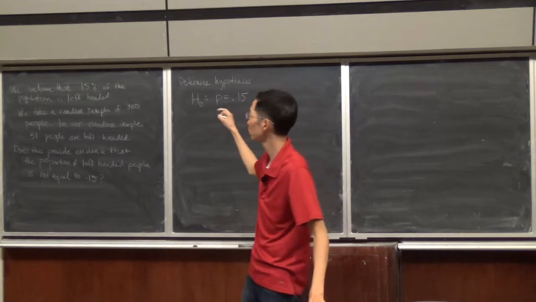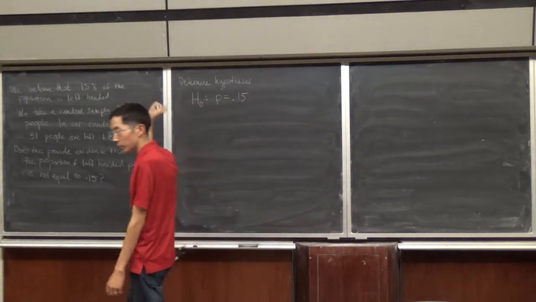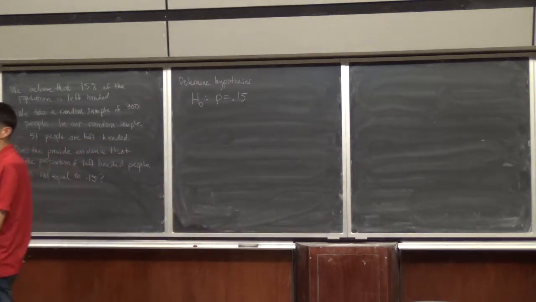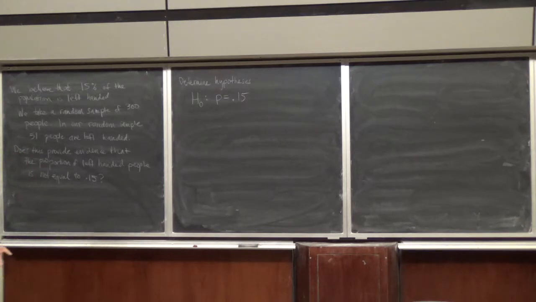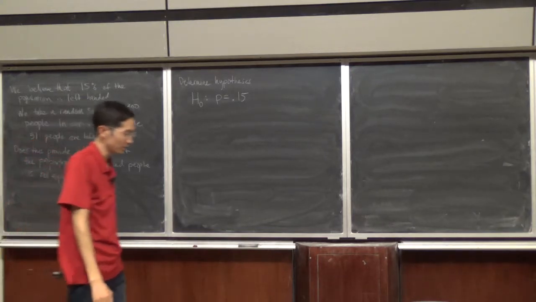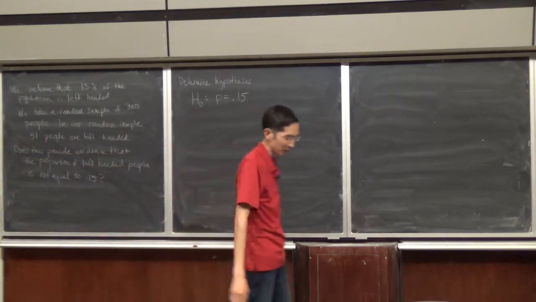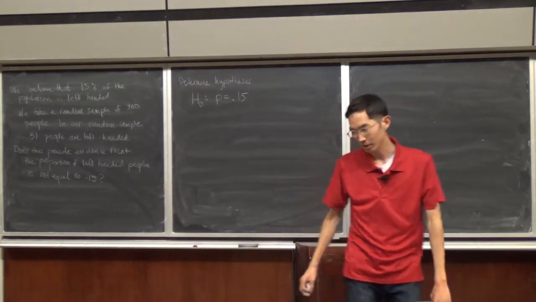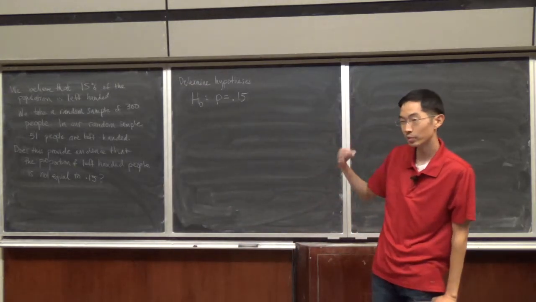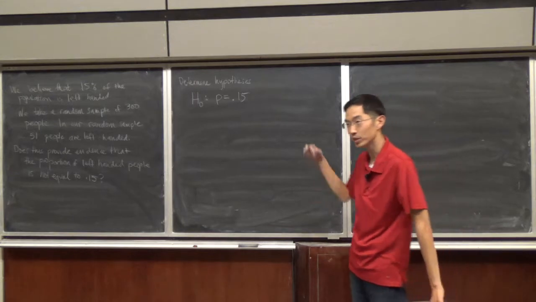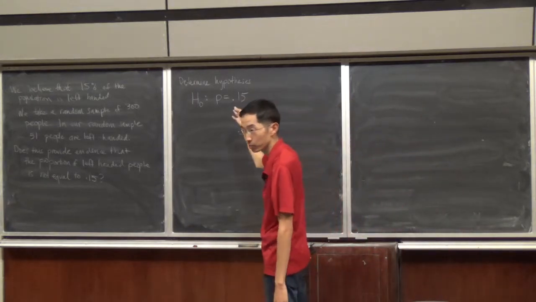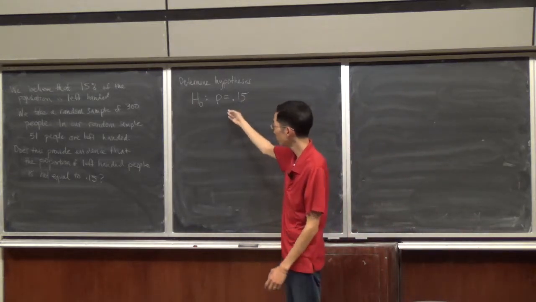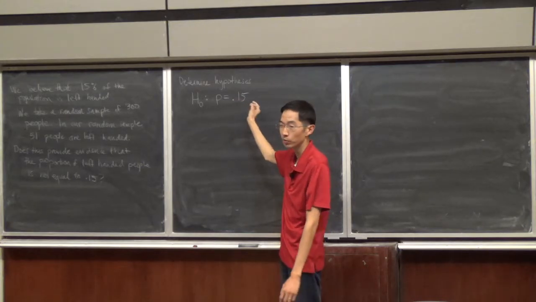Now, it's not always going to be written in this clear-cut way. Say something like, researchers want to know if 15% of the population is left-handed, or it might be phrased a little bit differently, but just to get us started, I'm keeping it simple here. So I write my null hypothesis is that P is equal to 0.15.